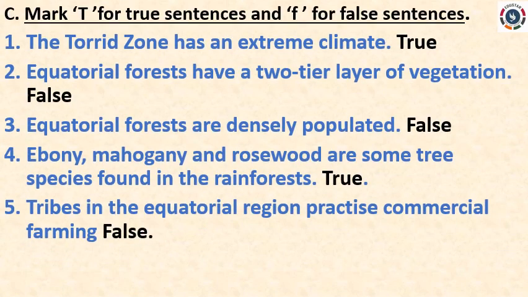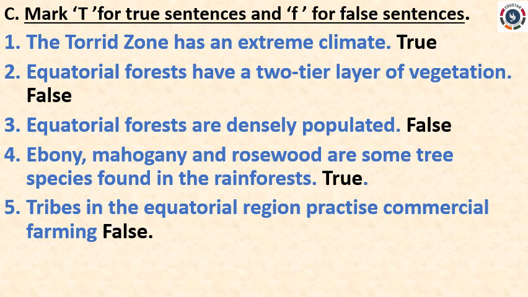Next one, part C. Mark T for true sentences and F for false sentences. First question, the torrid zone has an extreme climate. Answer true. Second question, equatorial forests have a two-tier layer of vegetation. Answer false. Third one, equatorial forests are densely populated.